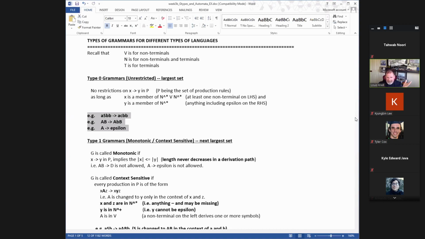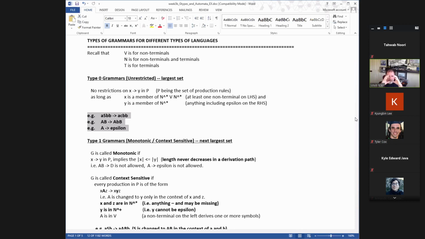Again, we've got A non-terminal SBB going to ACBB, or AB going to A terminal B followed by non-terminal B, or A going to epsilon. So any combination. We're not going to use type 0 and type 1 for this class. We're going to be using type 2 and type 3, as you'll see, but we still want to talk about these grammar types. So again, type 0 is the largest set, unrestricted.